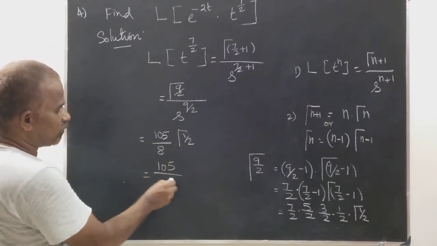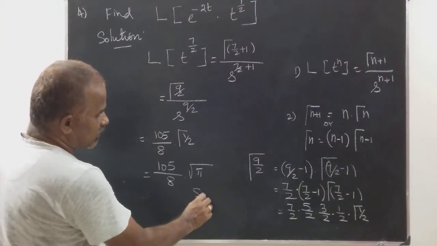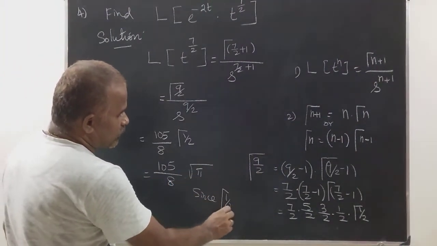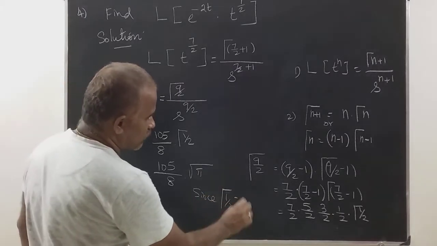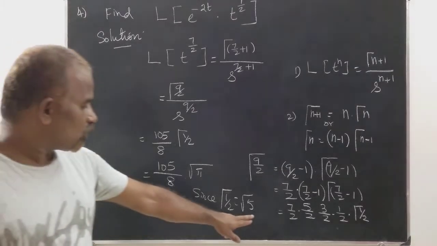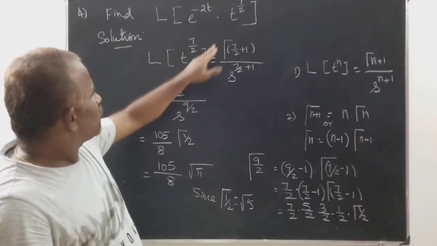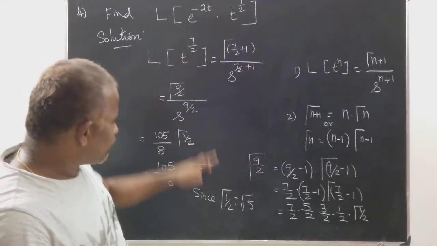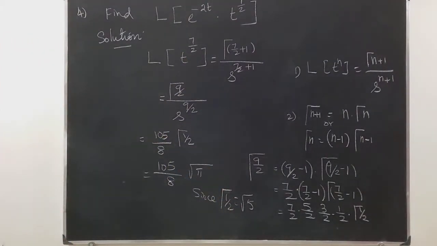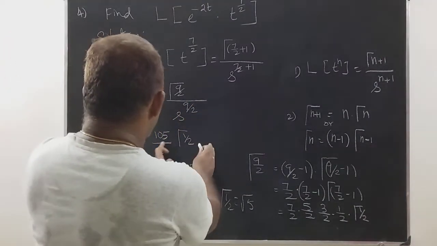So 105 divided by 8 into square root of pi. So this is the Laplace transformation of t power 7 by 2, since gamma half is equal to square root of pi.